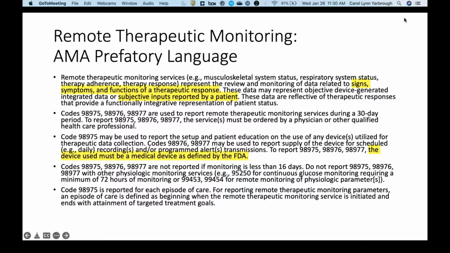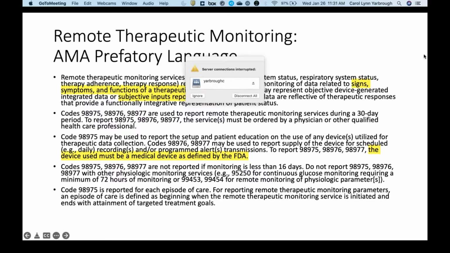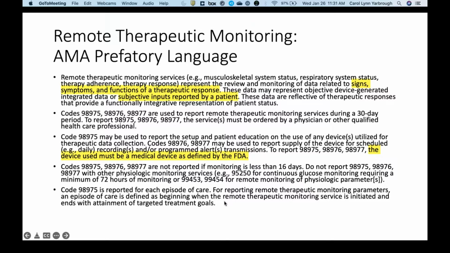Just don't report them on the same day for the same provider. Like I want to bill 98976 and 99454 because I want to monitor my patient's hypertension while they're doing their physical therapy. Can't do that. Sorry.